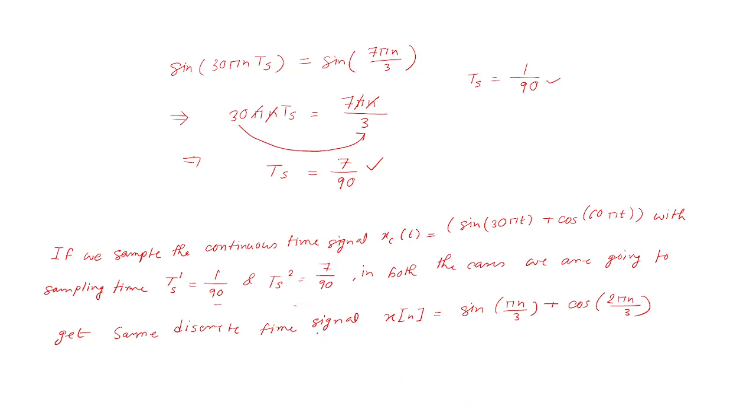Remember that the same continuous time signal, if you are sampling at two different sampling times, and sampling time is an alternative way to say sampling frequency also, you can end up with the same discrete time signal, and this will happen because of aliasing.